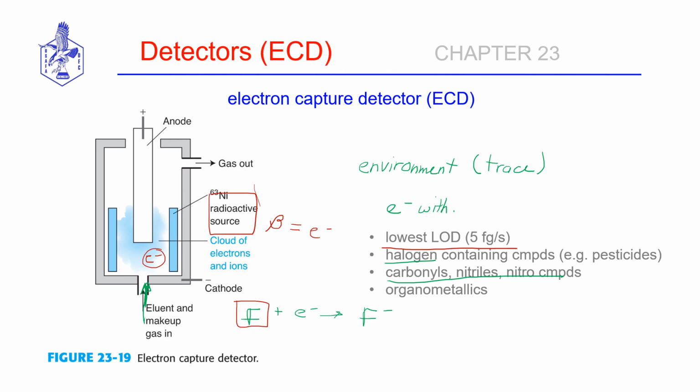And once we have formed these species and we have reduced the number of electrons in this cloud, then the number of charged species contacting an anode changes, and that causes a change in the detected current, which gives rise to the signal, which is proportional to the concentration of the molecule or species that contains these electron withdrawing groups.